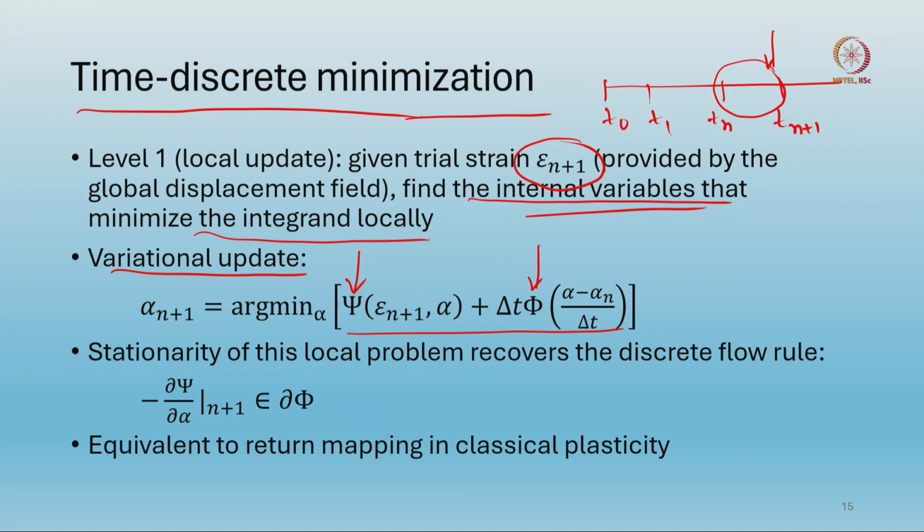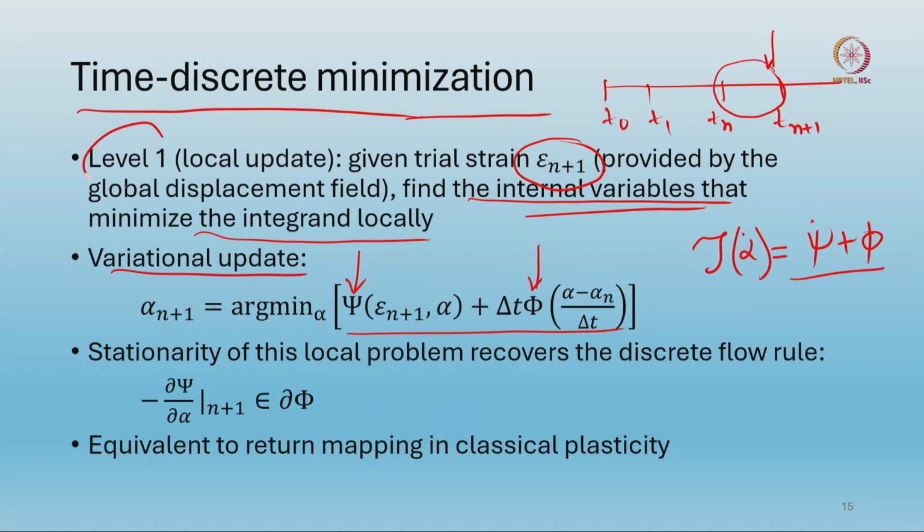This is my functional in a discrete setup, but the actual functional in a continuous time setup will be, call it J of alpha, or J of alpha dot, it does not matter. That is equal to psi dot plus phi. This is my functional. So, psi dot plus phi is the new functional, it is not psi. Earlier we minimized the strain energy, and that too globally, we integrated over the entire domain.